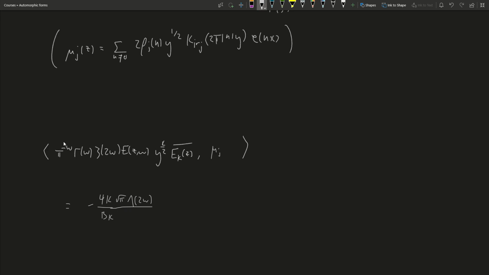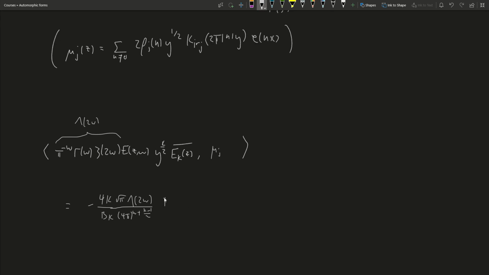So note that this is lambda of 2w. And then divided by 4 pi to the w plus k minus 1 over 2.